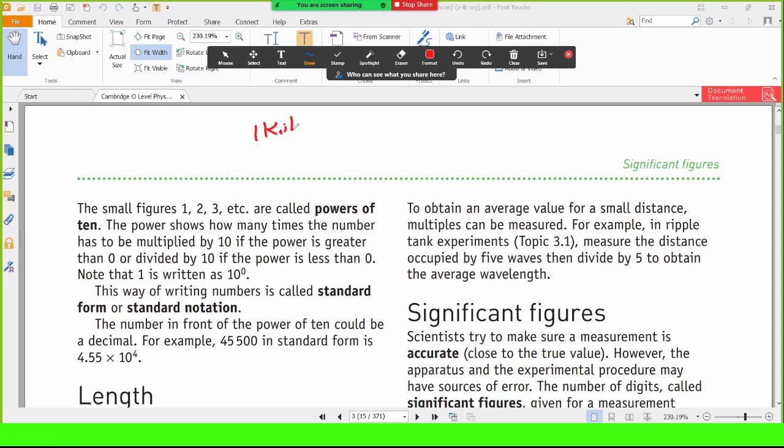Good. That's equal to 10 to the power of 3. What about 1 femto?